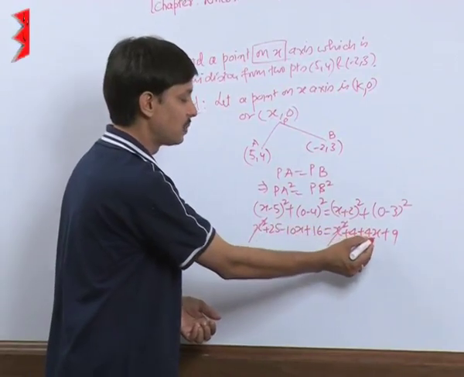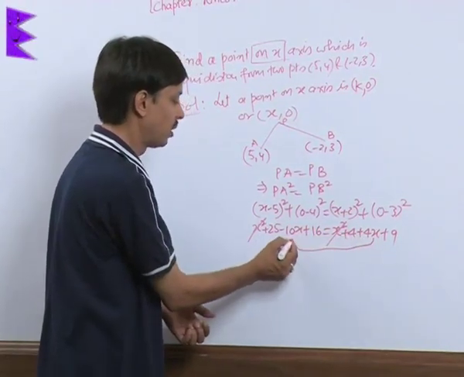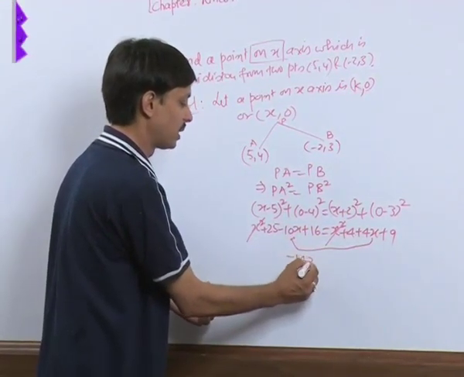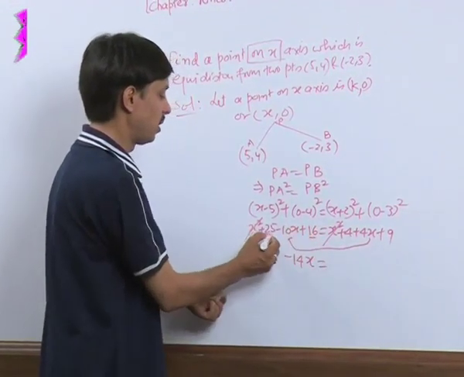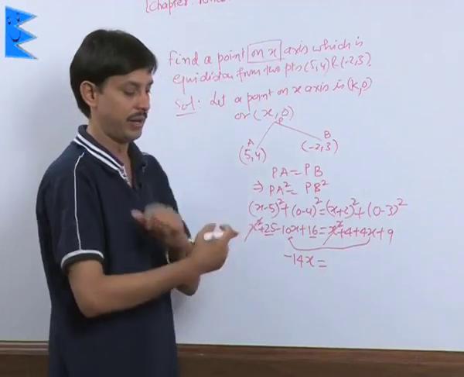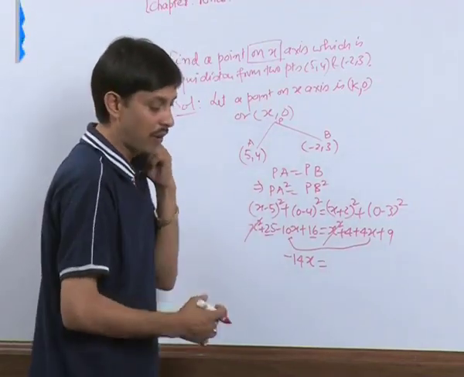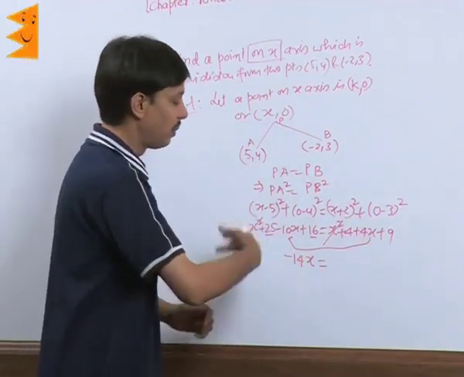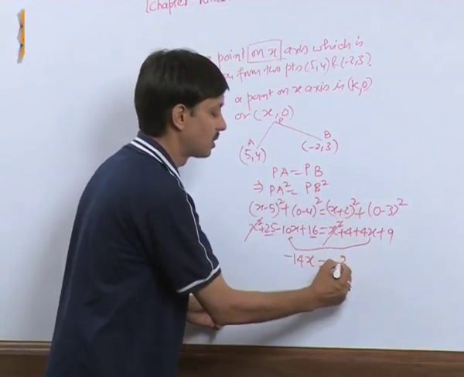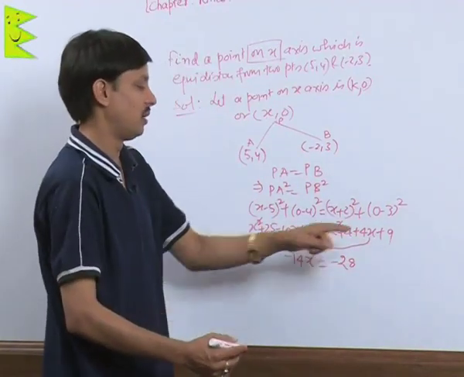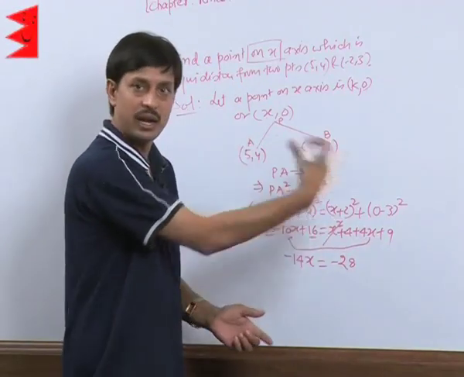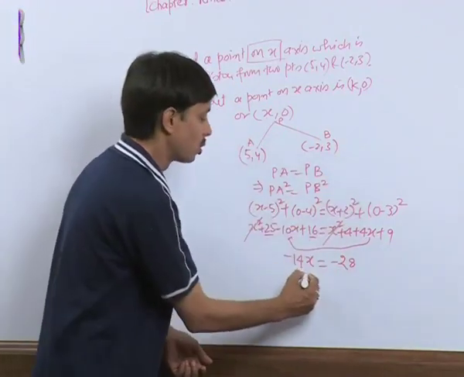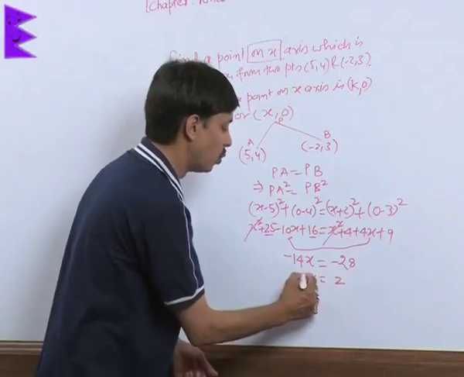If I shift this plus 4x from here to here, I will get minus 14x is equal to, and this 16 and 25 when added and shifted to this side will give us minus 28 in final, because 9 plus 4 is 13 and these two values are added and transferred. So the answer of x is coming 2.